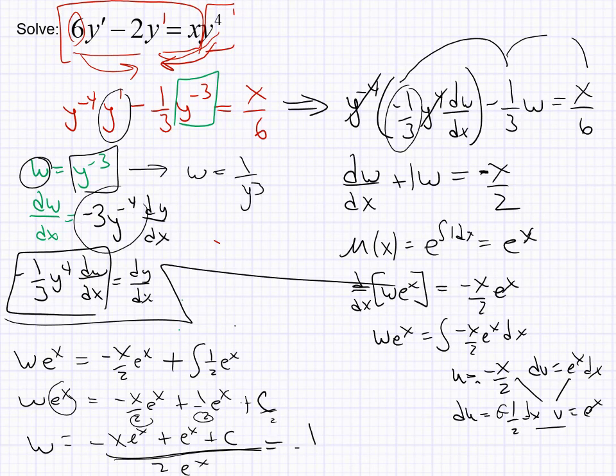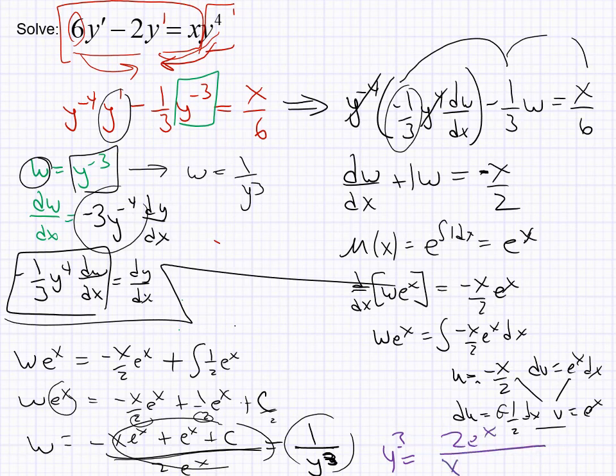So this is what 1 over y cubed equals. If I flip this side and flip this side over here, I'll figure out what y cubed equals. So in the end, y cubed equals 2e to the x over x e to the x plus e to the x plus c.